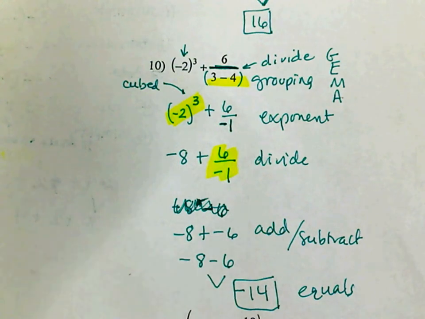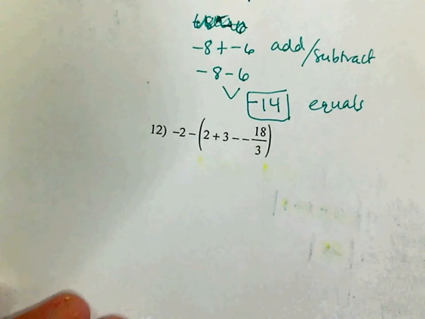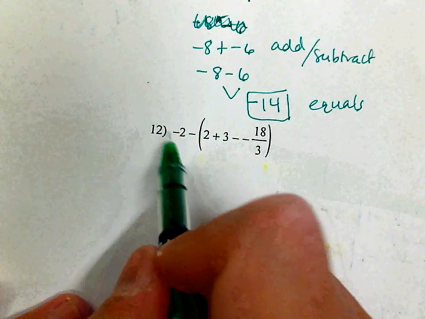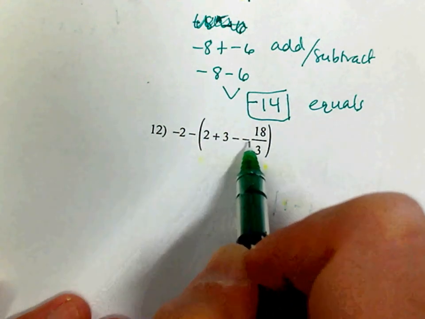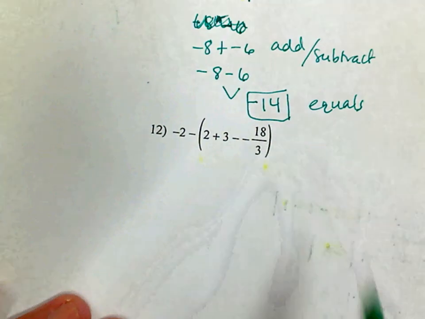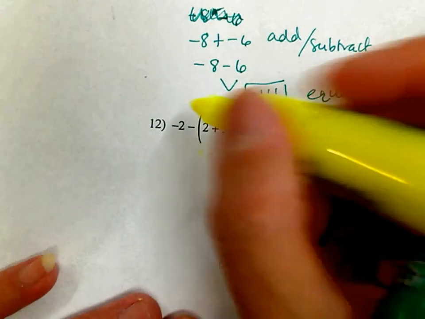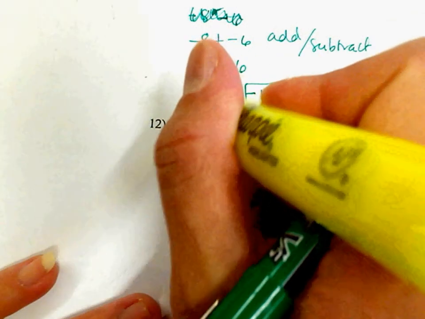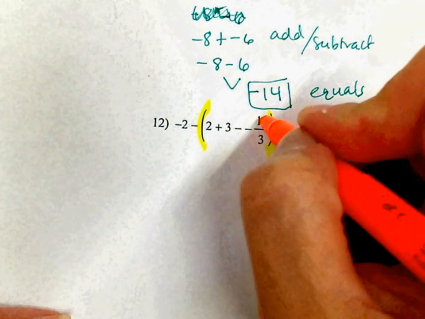All right, what do we do first in number 12? You have negative 2 minus parentheses, 2 plus 3 minus negative 18 divided by 3 in parentheses. So what do we do first in number 12? The parentheses, so everything inside the parentheses, right? What is inside the parentheses that you need to do first? You divide. Very good. Let me ask you something here.